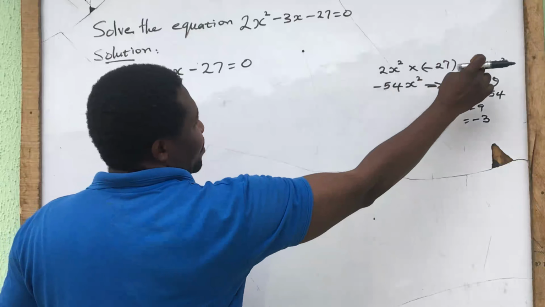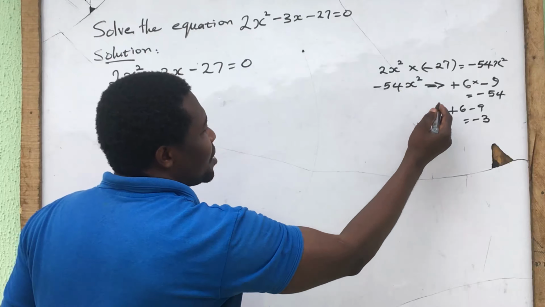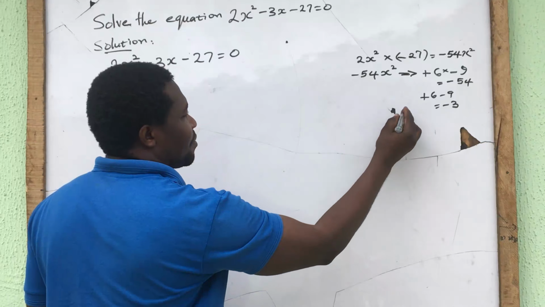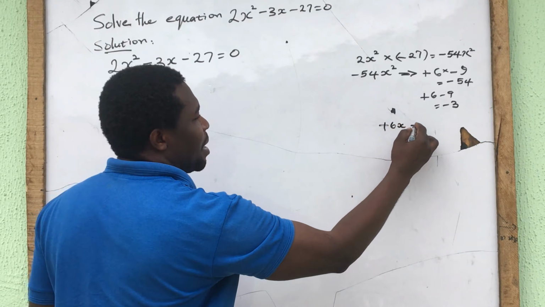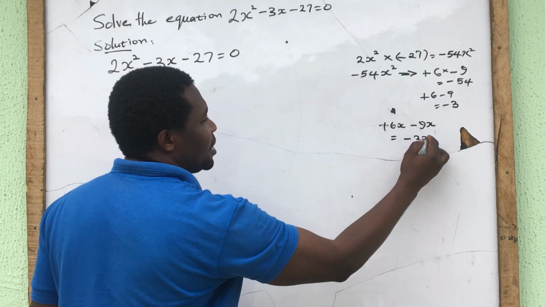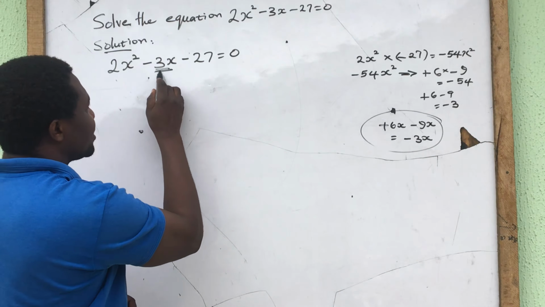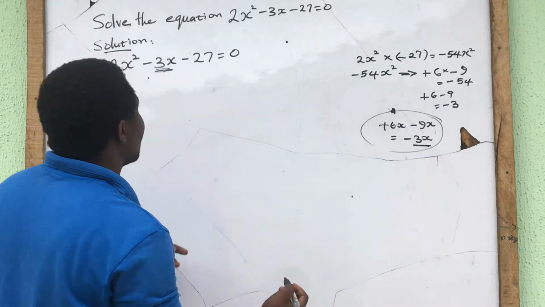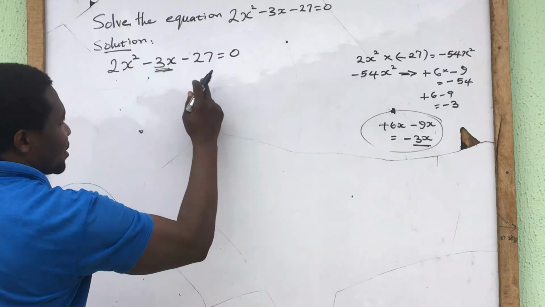We are going to have minus 54 here. So therefore, our factors now, we are going to have plus 6x minus 9x, which gives us minus 3x, and this one now we use to replace this minus 3x here.